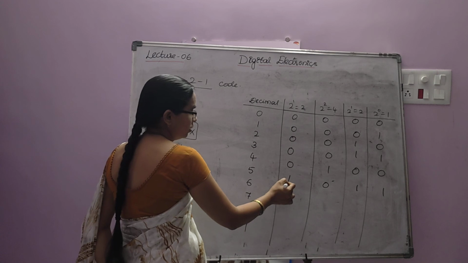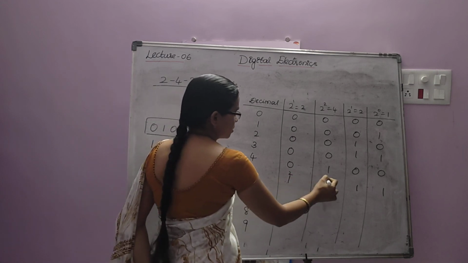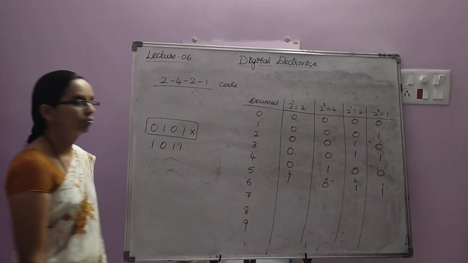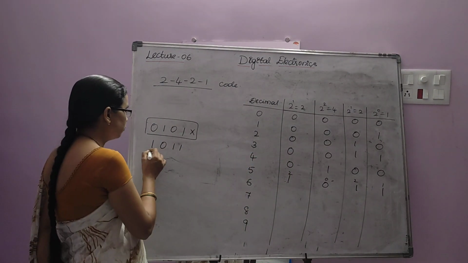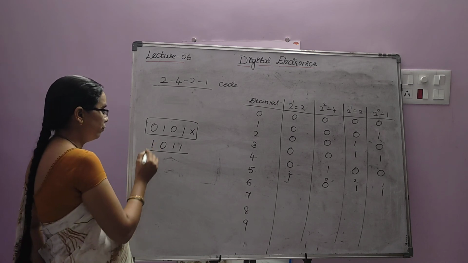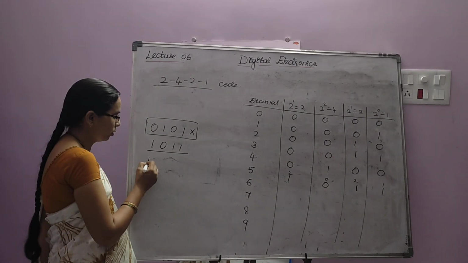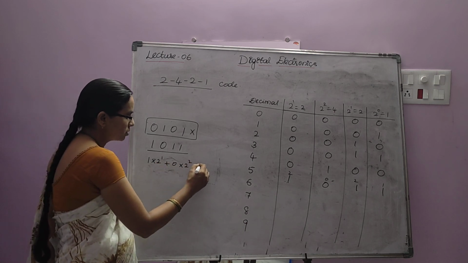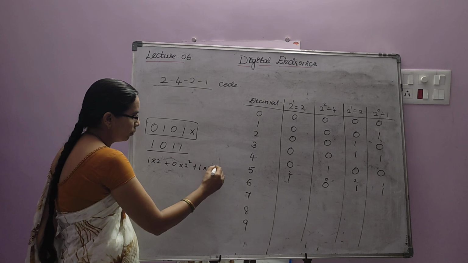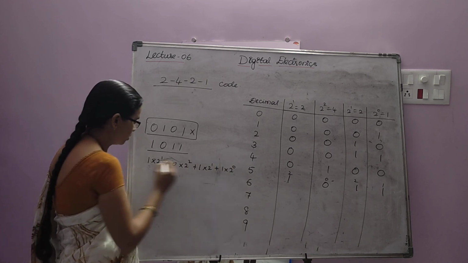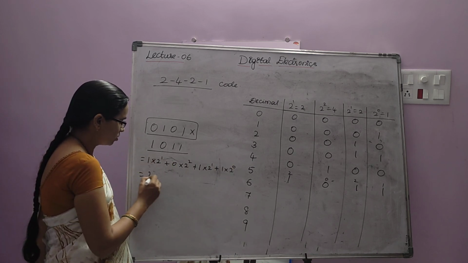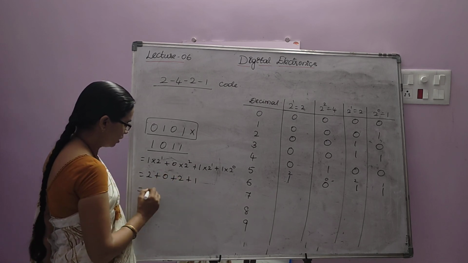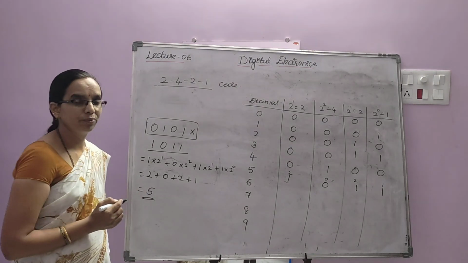So if you convert this with the weights associated with 2421: 1 into 2 power 1 plus 0 into 2 power 2 plus 1 into 2 power 1 plus 1 into 2 power 0. 2 into 1 is 2, plus 0, plus 2, plus 1, then it is equal to decimal 5.